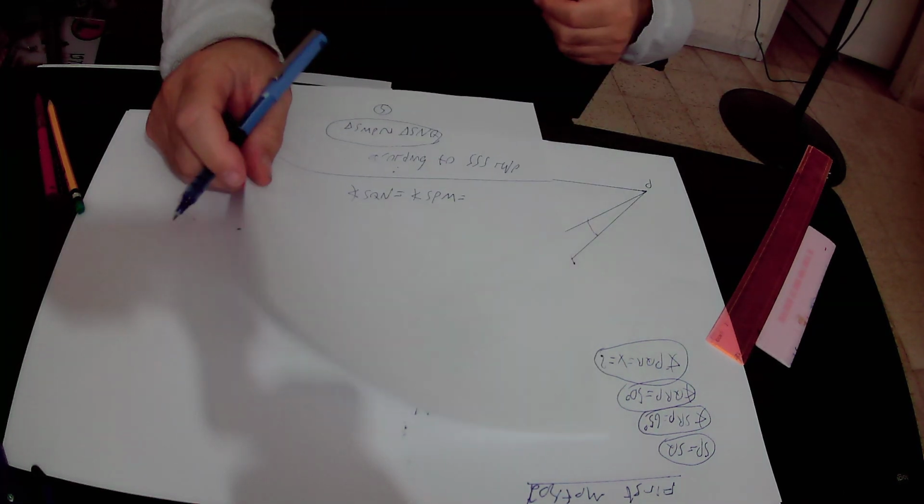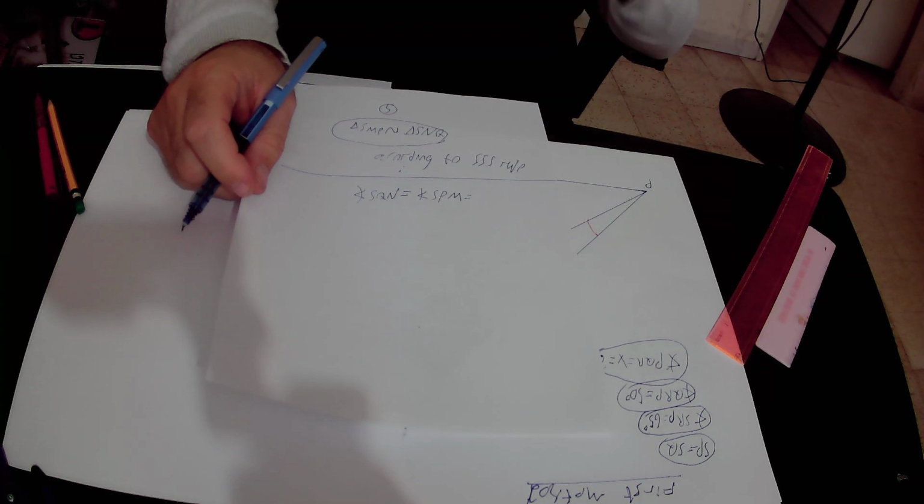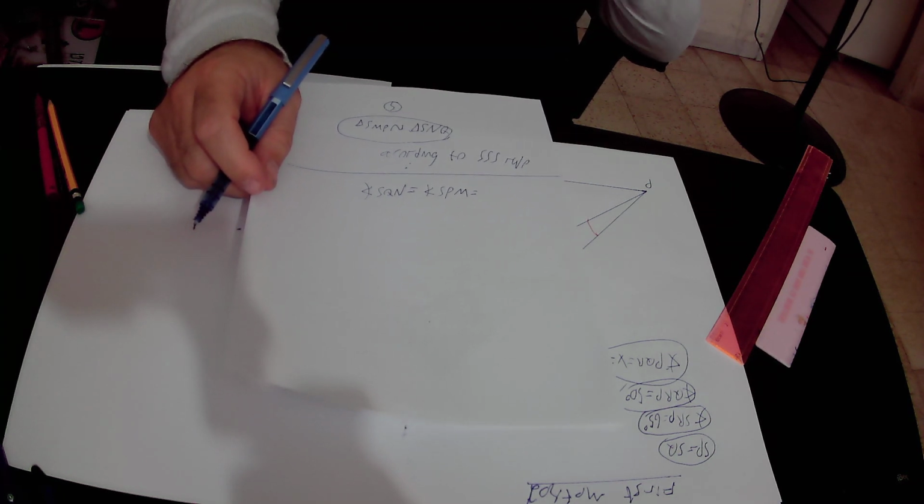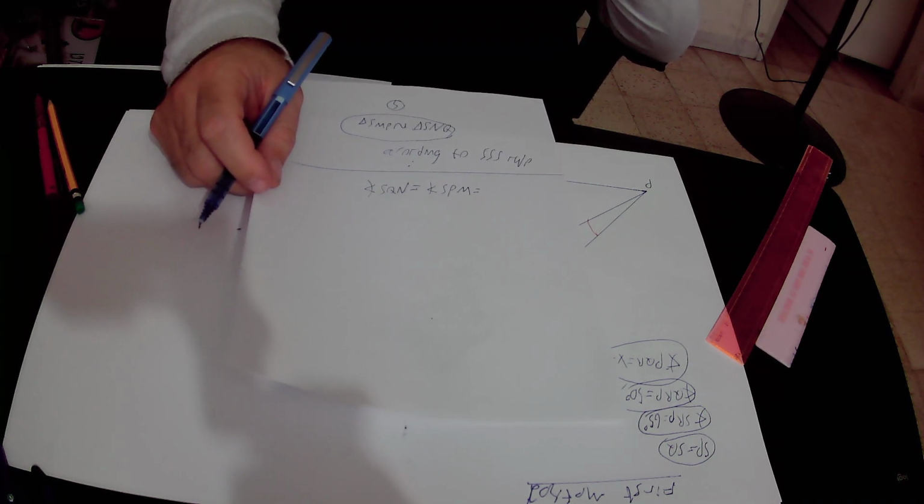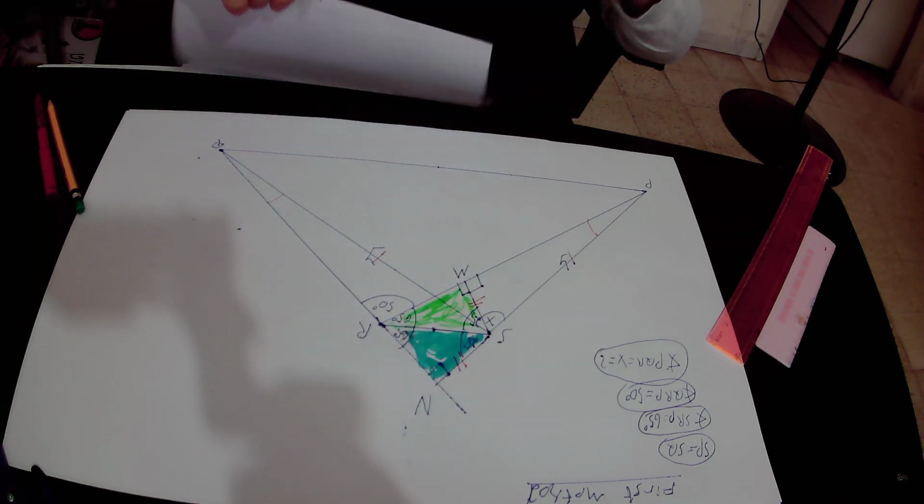Angle SQN is equal to angle SPM according to the rule that corresponding angles in congruent triangles are equal to each other.